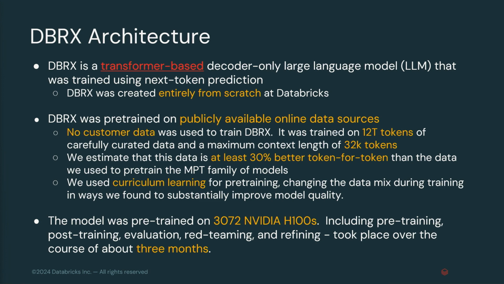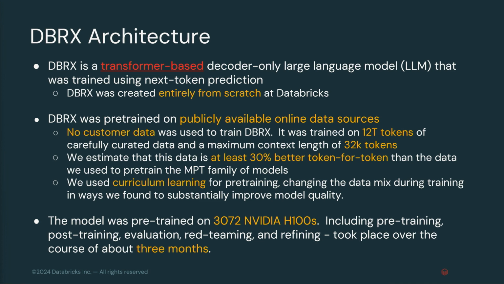It was trained entirely on publicly available data. We didn't use any customer data for this. We did train it on 12 trillion tokens with a T, which, yes, is a lot and is pretty much the highest that we've seen for a base high-performing LLM.